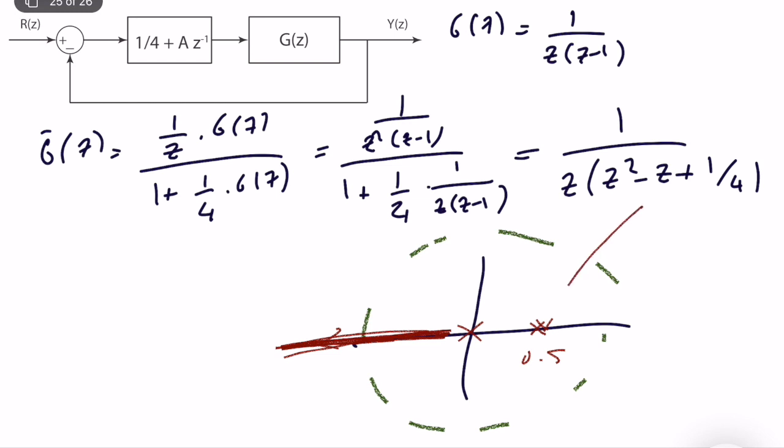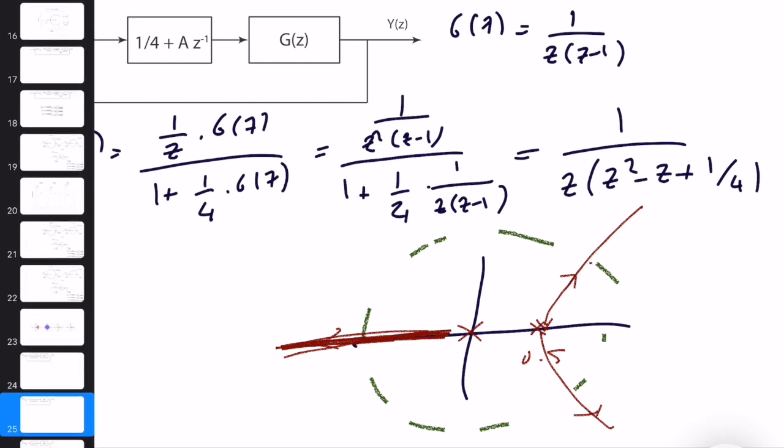As you can see, the system with respect to a starts stable, which is an expected result. As we make a bigger and bigger, it becomes more unstable, and at some point it breaks stability.